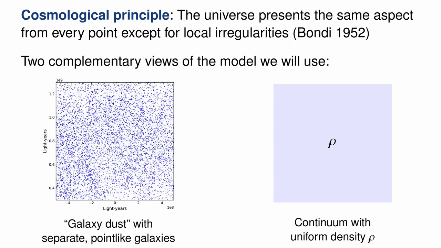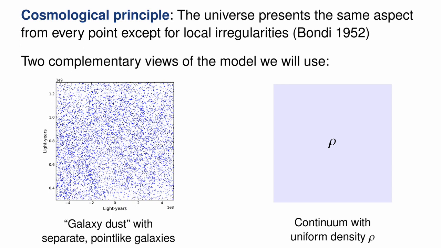So, since we talk about models, it's important that in the following we are going to use two different models in parallel. The one model is we're going to say, oh, there's galaxies basically floating around. That's what we're going to use if we're asking questions like, how long will it take light from this galaxy to reach this other galaxy, and what will happen to the light on the way?